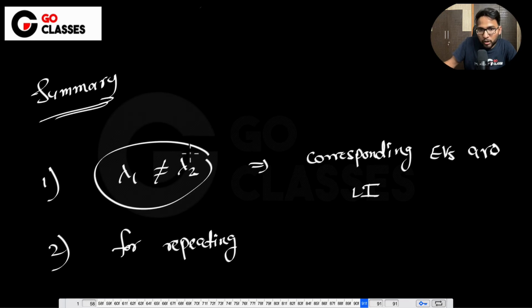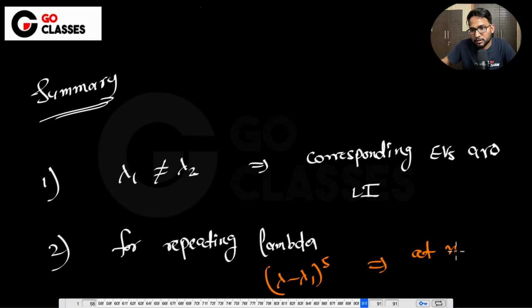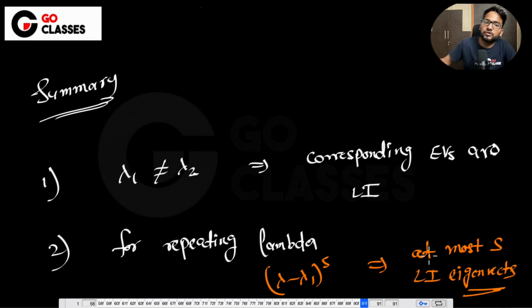If the lambda is repeating, say 5 times, then at most 5 linearly independent eigenvectors could be there. So this is just a summary.